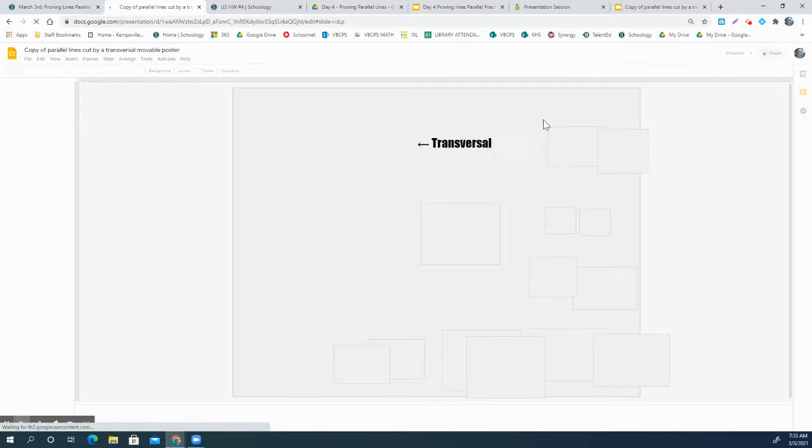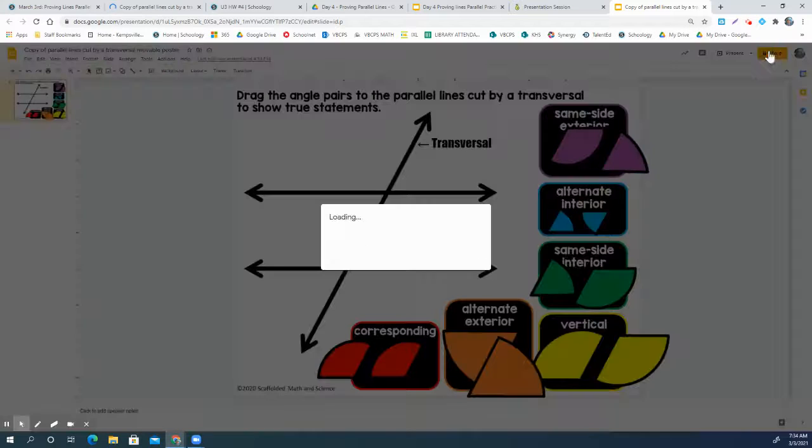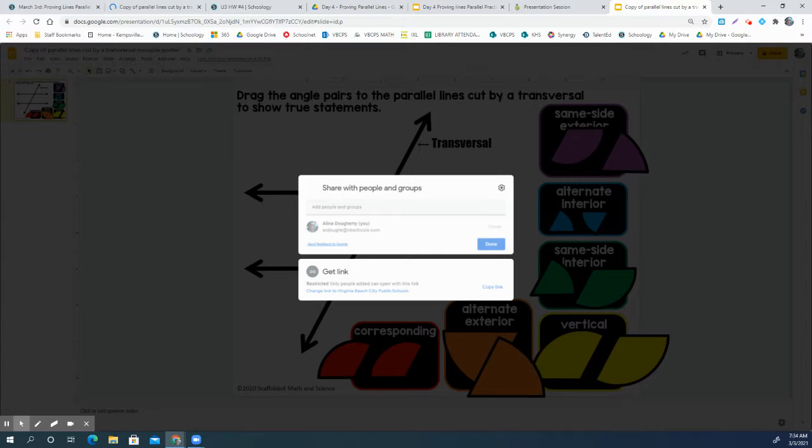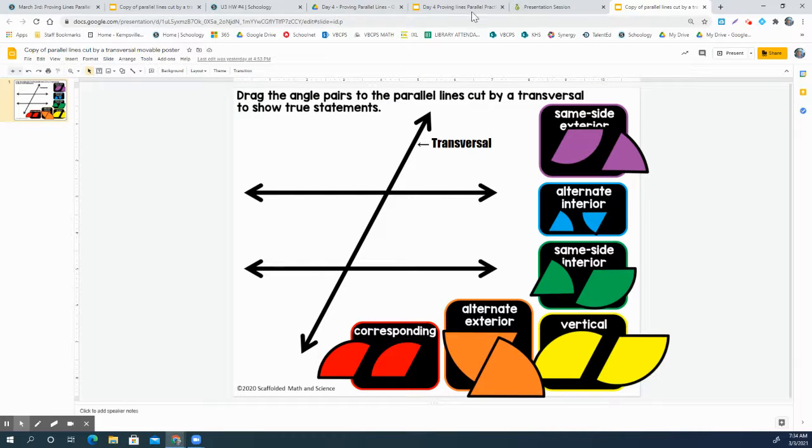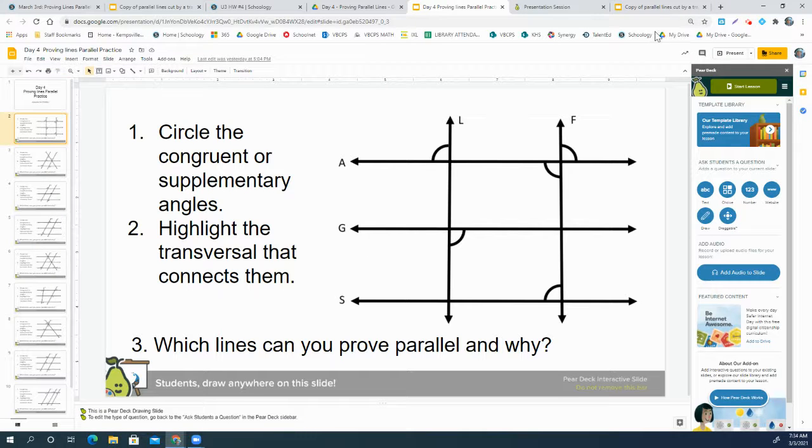Oh no. Let's see if we can fix that. You want us to put this on the... And I do. Once you open it up, I want you to add it to your... Did that help, Mason? Do you have access now?